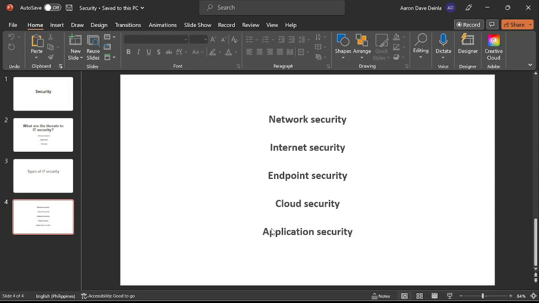Next is internet security. This one is about how do you make the internet secure. It's really hard to make the internet secure, but we could take drastic measures. First off, don't try to download things from the internet, especially if the downloading site is not really secure.